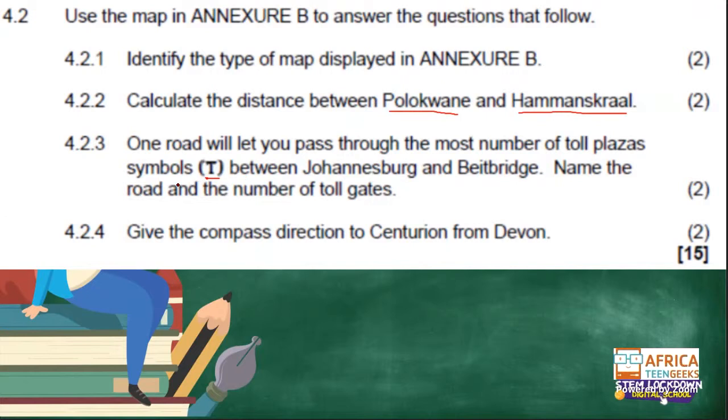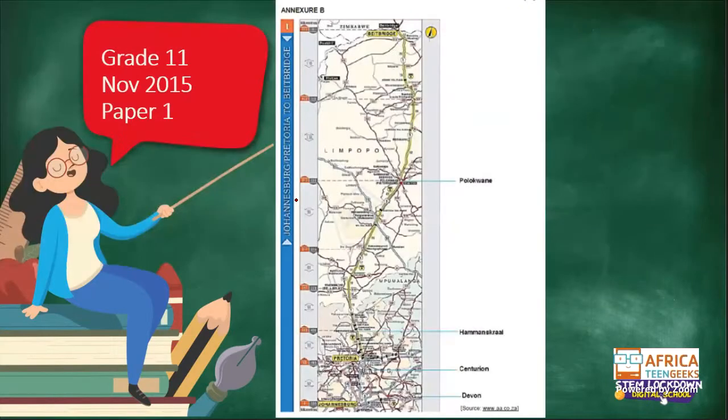Name the road and the number of toll gates, right? Here, I want you to tell me which road has the most number of toll gates or toll plazas, right, between these two cities, and how many toll gates are there, right?